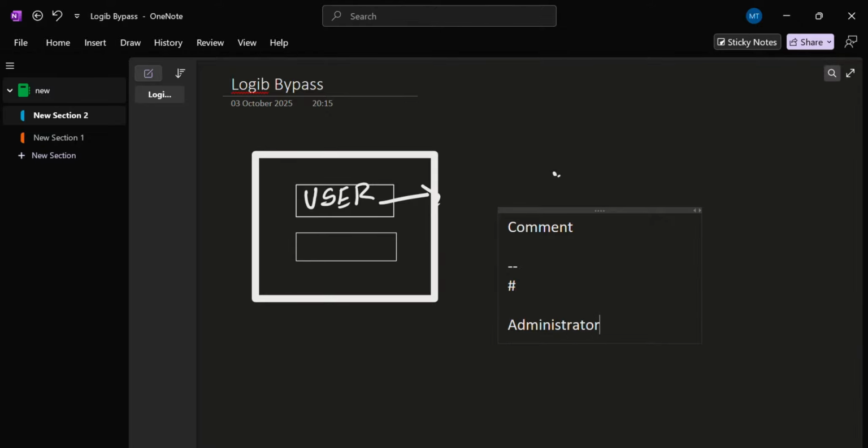So here, what is happening in this login page? Let me try with an SQL query. SELECT * FROM users WHERE username = 'administrator' AND password = 'pass'.